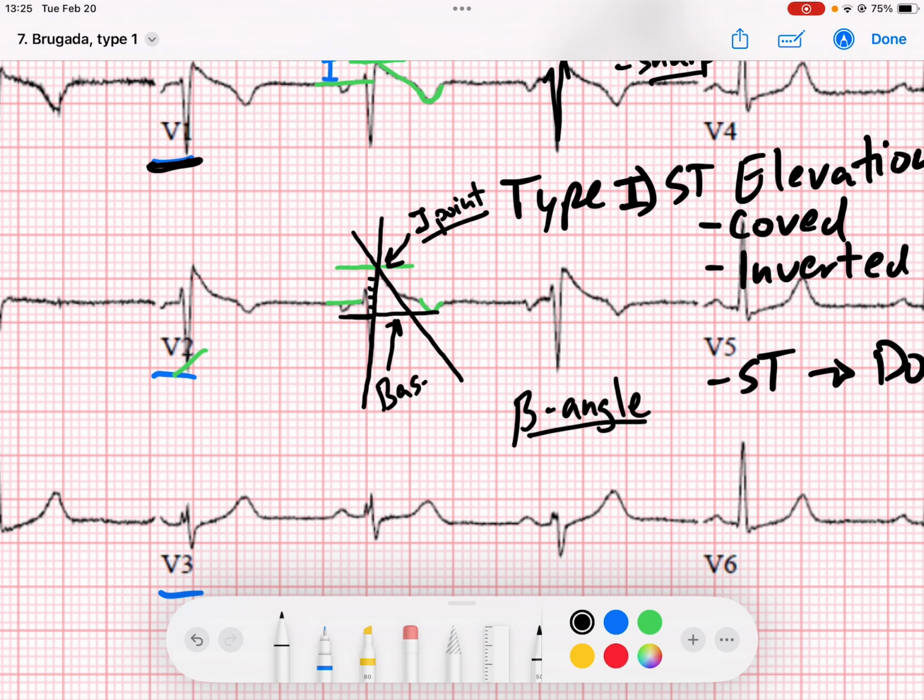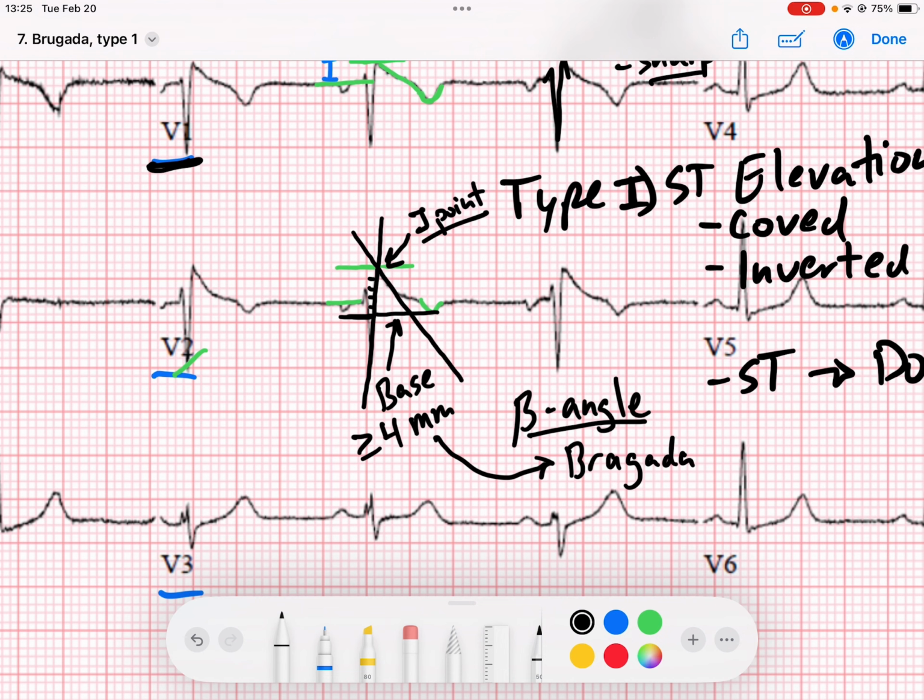If the base of the triangle is greater than or equal to 4 millimeters, that is criteria that gives more data to the likelihood of a Brugada syndrome, okay?